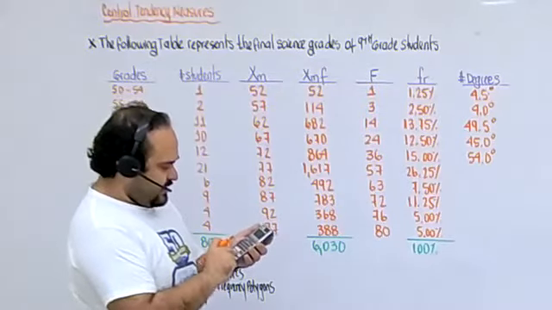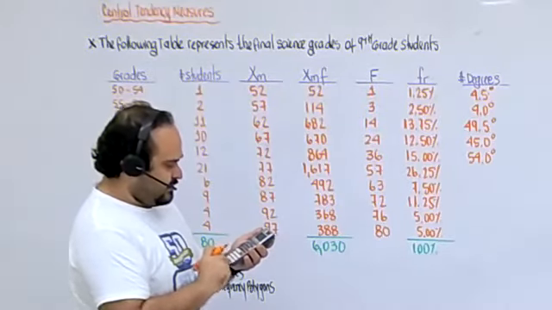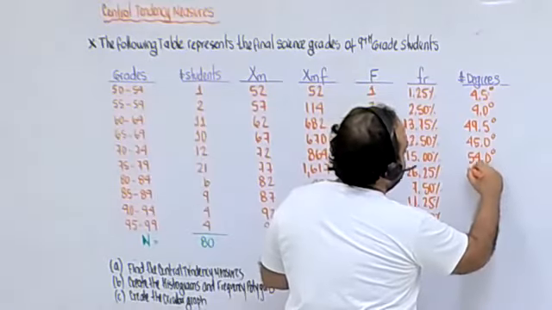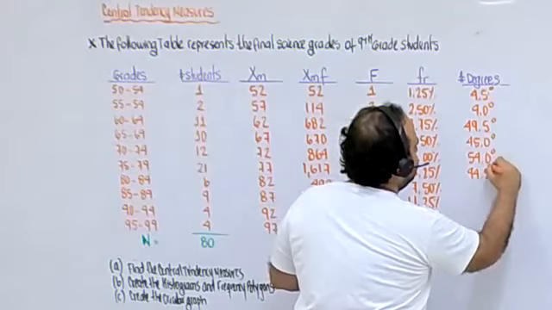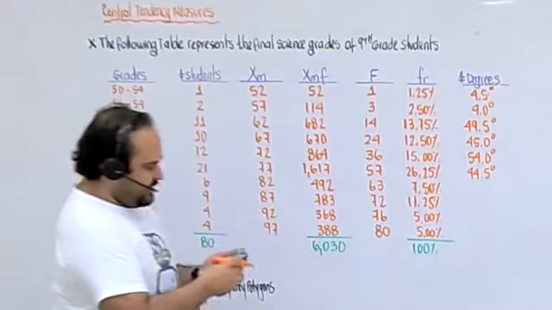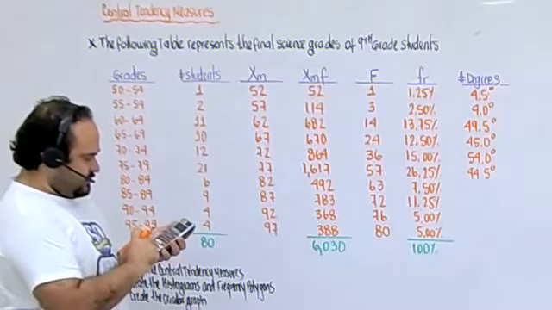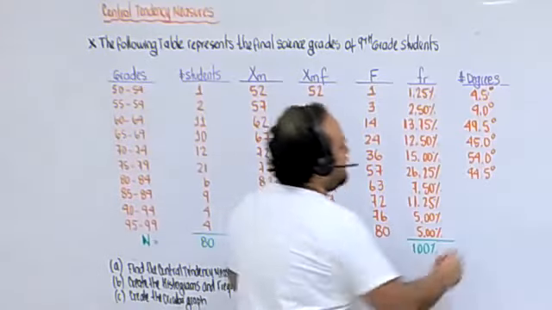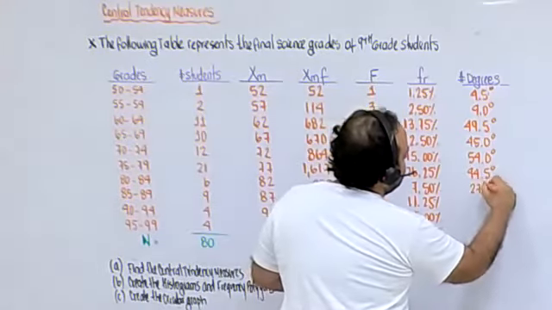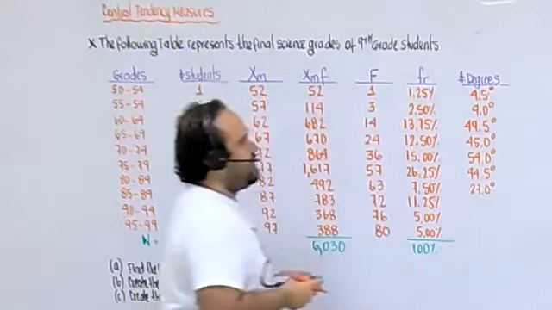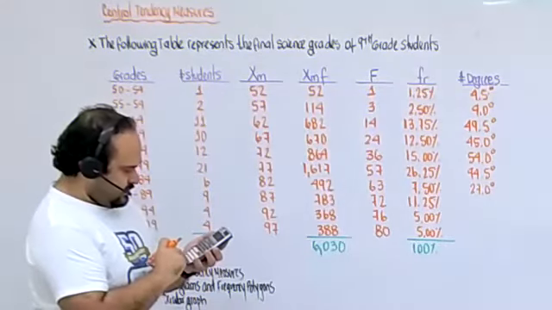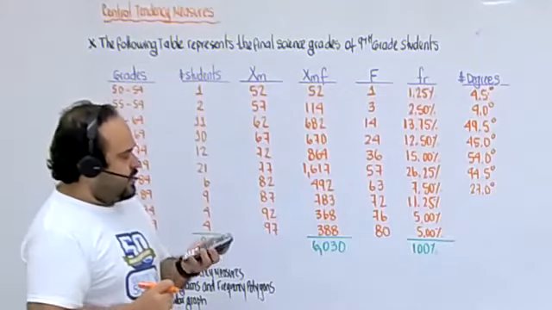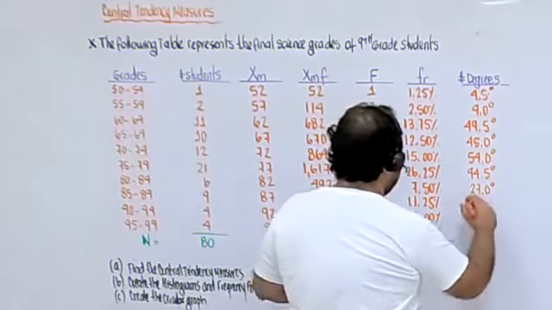26.25 will be 94.5. Another one will be 27 degrees. 40.5.